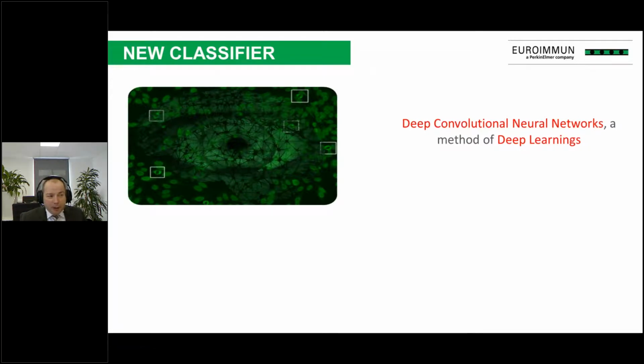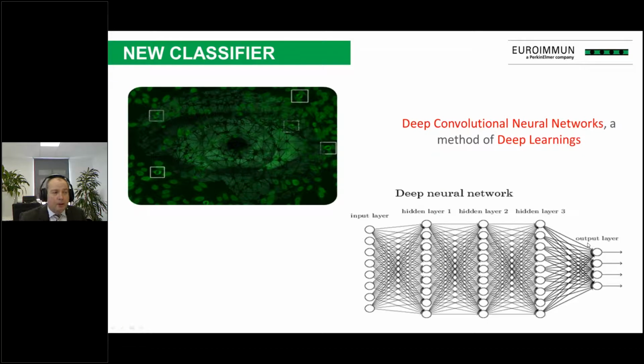artificial intelligence, and new methods like deep convolutional neural networks and methods of deep learning are very popular. We tried to use them for our substrates, and it works very well. For this reason, our new classifier will be based on deep learning. People ask why it's called deep learning, because you don't have everything under control.